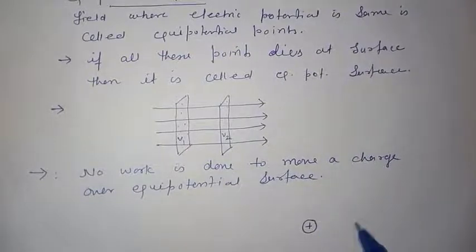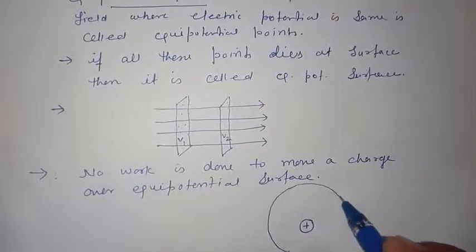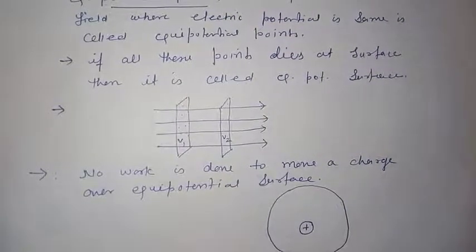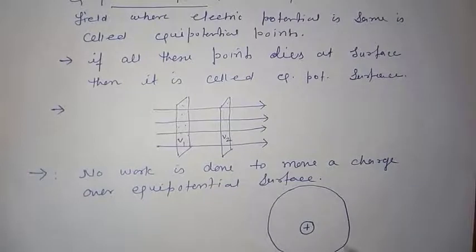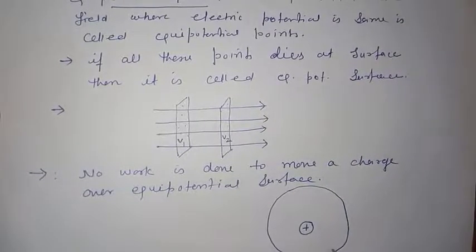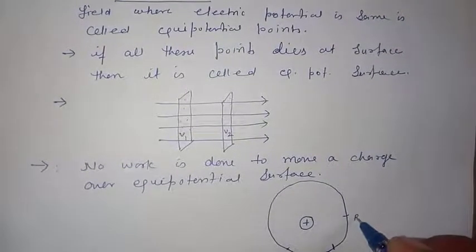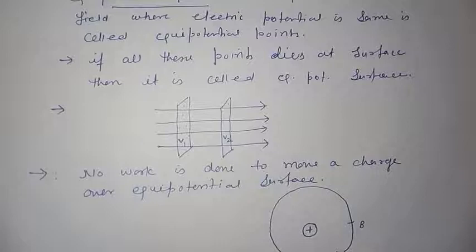Let us suppose it is a positive charge and we have here an equipotential surface around it. Take two points here. Let this point be A and this point be B, right?